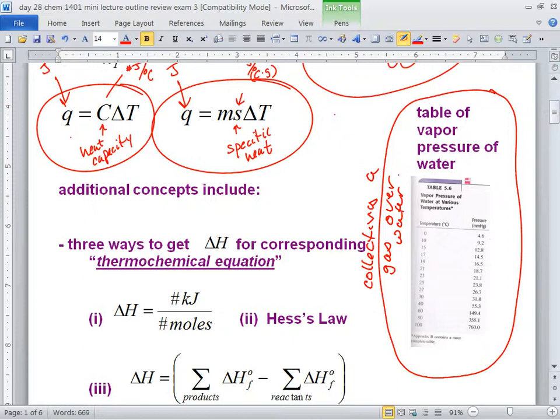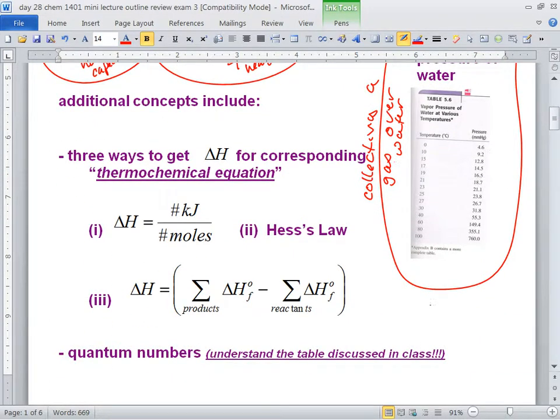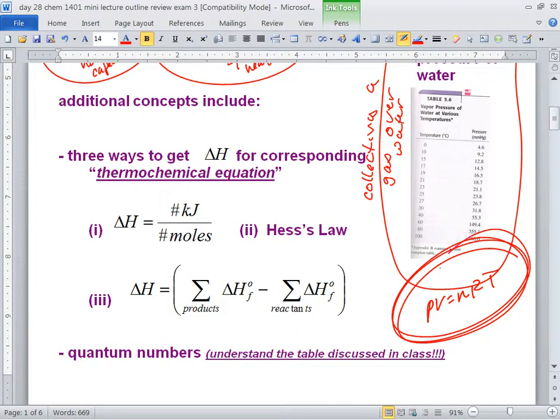Okay, Lorena. What did you use this table for? Let's go back and do the big picture. PV equals nRT. You're going to collect a gas over water, and you're going to use this equation. You're really after n, so you can convert the moles of the gas to whatever they want.